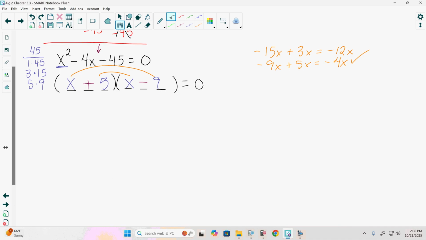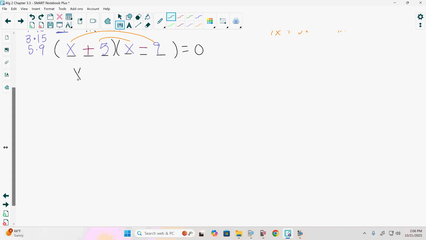Now, the whole reason we solve this by factoring is because once we get it factored, we have two expressions being multiplied together that equal 0. The only way I can multiply two things together and get 0 is if either x plus 5 is 0 or x minus 9 is 0. One of these two has to be 0.